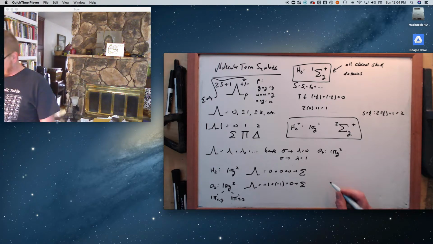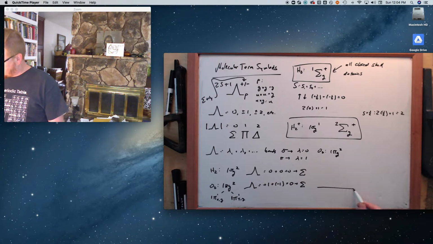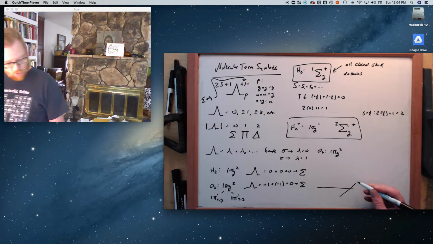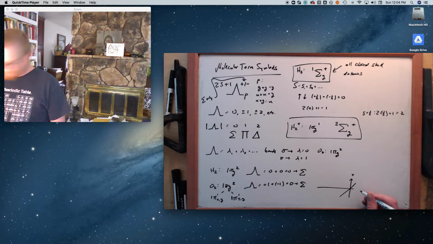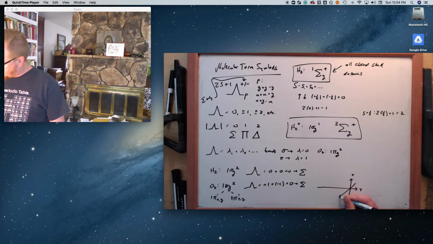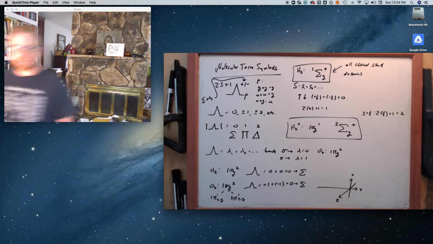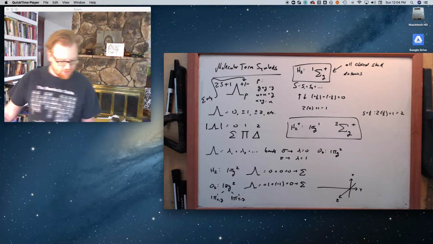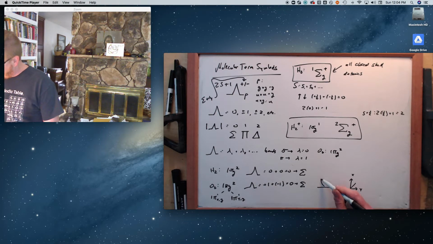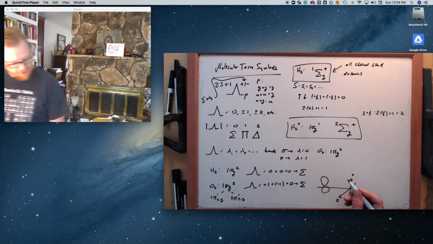If you look at what that looks like, for this symmetry operation that I've been talking about, I'm going to draw a weird coordinate system where this is the x, this the y, and this the z. And remember, z is our internuclear axis. So my pi x kind of looks something like up here.